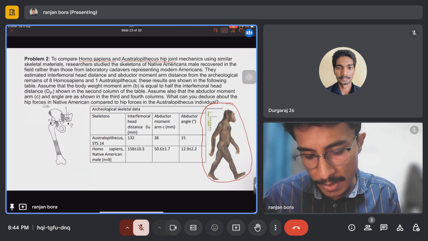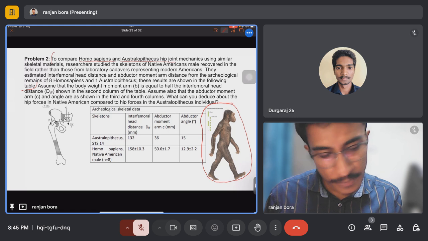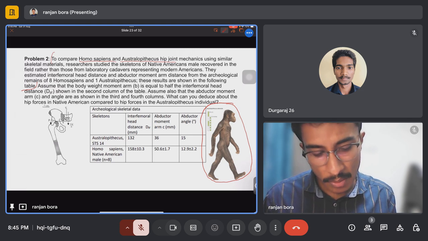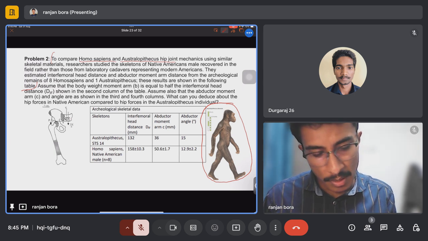See, this information about how they estimated the data is not important to us. All those things are not important to us. Only the given data that will be required to solve our problem is important, and that is given here.